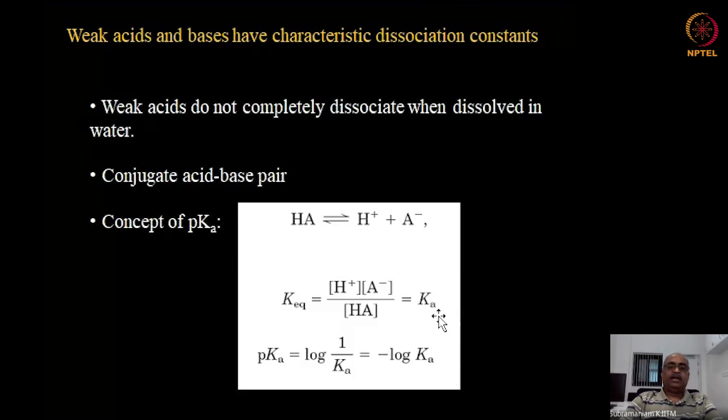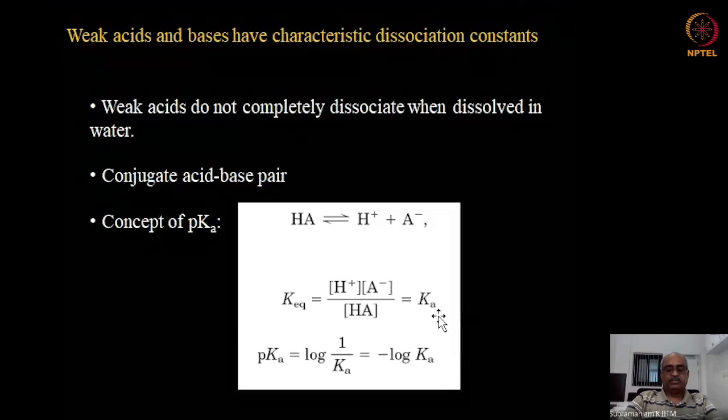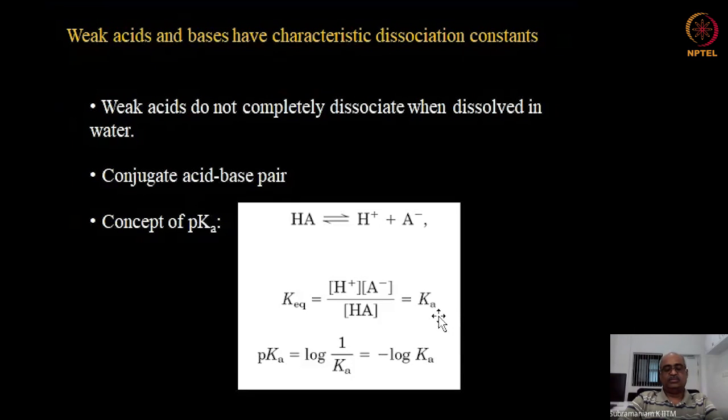And a negative log of that, just like we took negative log to the base 10 of hydrogen ion concentration to talk about pH. So the negative log of this equilibrium constant is a term called pKa, which we will often use in discussing weak acids.